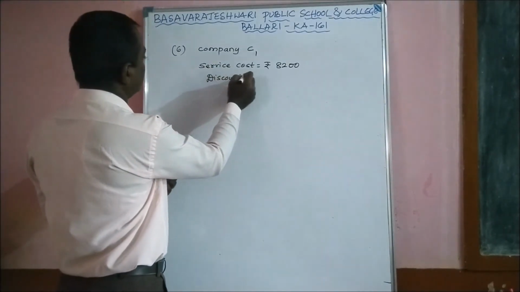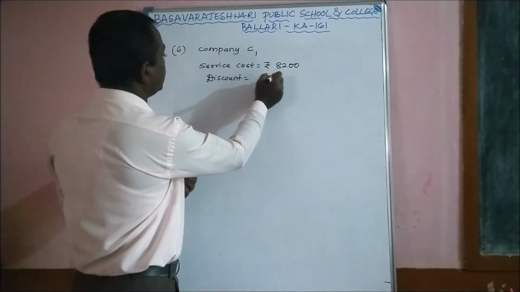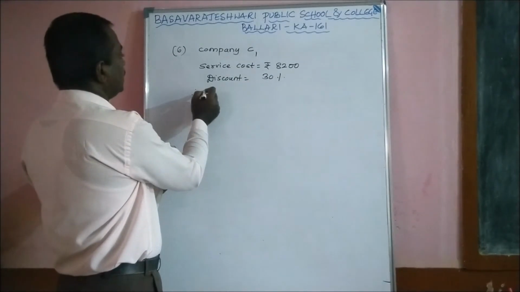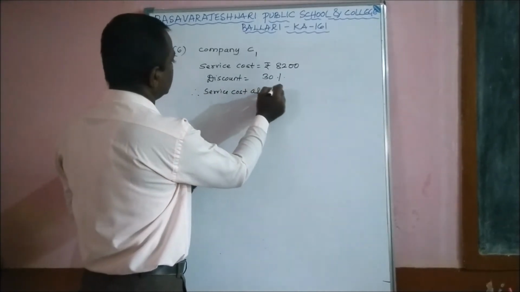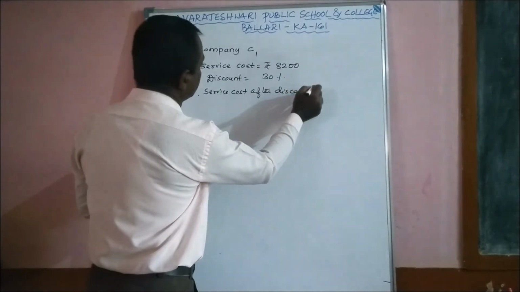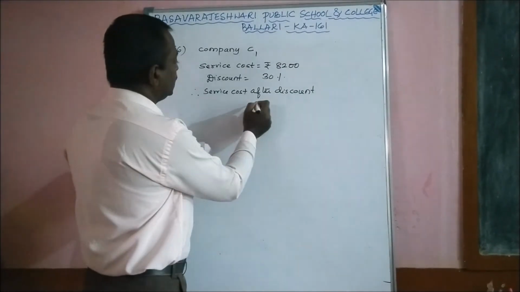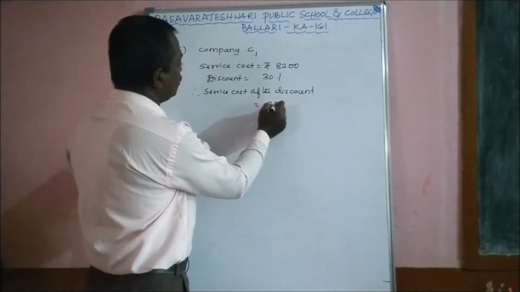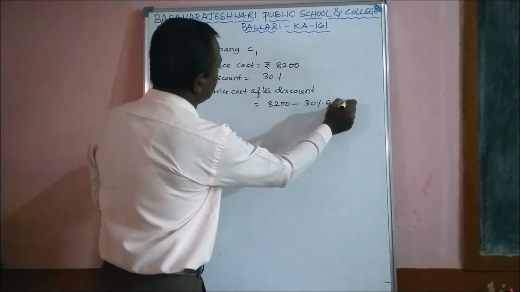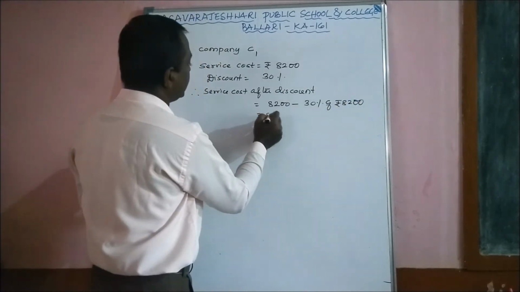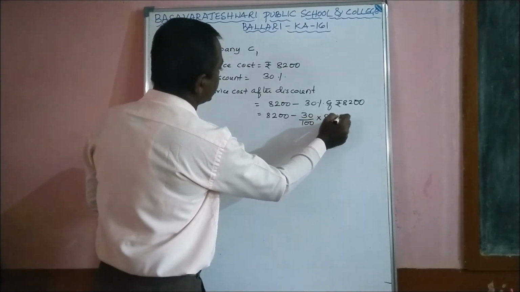Discount is 30%. So the service cost after discount, that means you have to deduct the discount, isn't it? That is 8,200 minus 30% of 8,200, which is 8,200 minus 30 by 100 into 8,200.